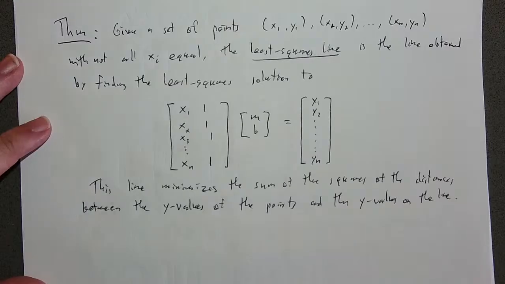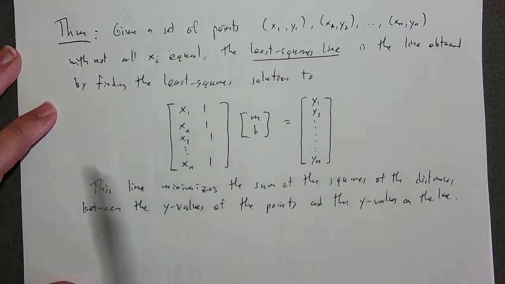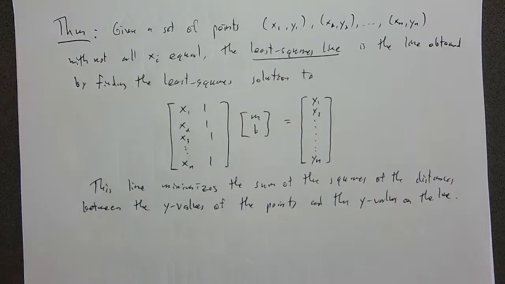So this was our statement of what the least squares line is. It is the line that we obtain by obtaining the least squares solution to this matrix equation. That least squares solution gives us the slope and y-intercept that gives us the least squares line, right?